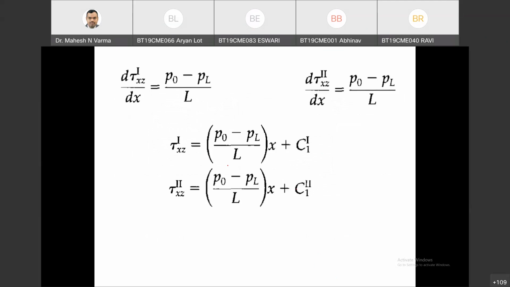This term will be equal to 0, this will be equal to 0, and tau xz1 will be equal to tau xz2. Both equations are the same. So it will give me C1 for phase 1 will be equal to C1 for phase 2. This is clear to you?